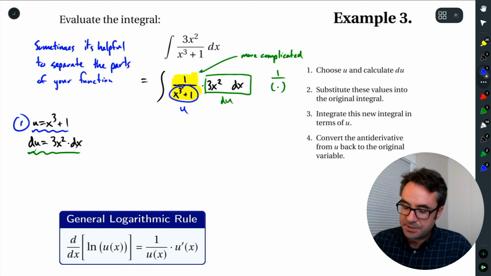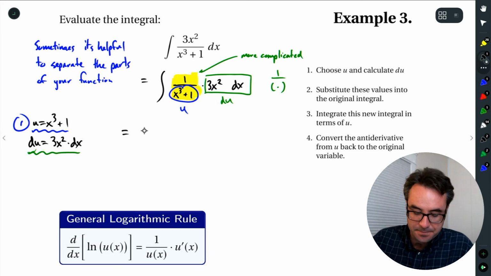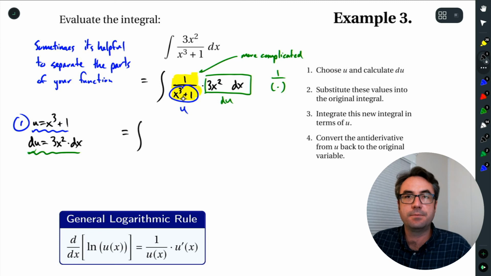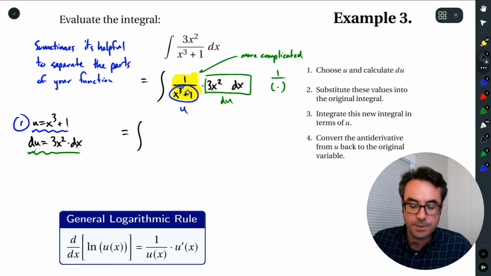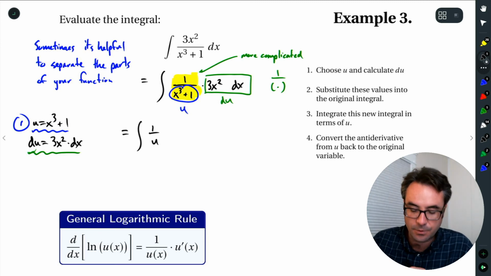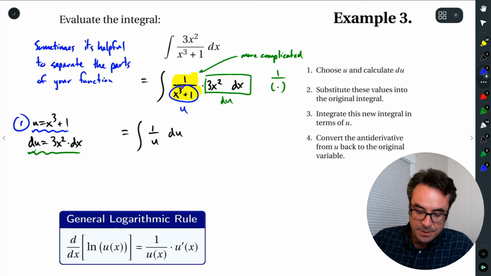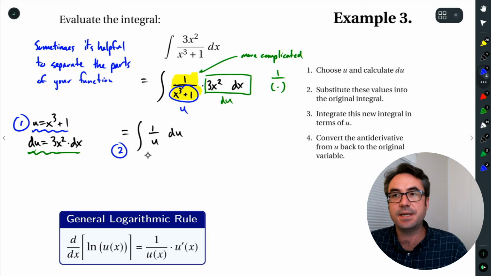So now that's step 2: put the pieces in. This fraction 1 over x cubed plus 1, we change that x cubed plus 1 to u, so it becomes the integral of 1 over u. And this 3x squared dx becomes du. We've substituted our pieces in, and now we have a much easier integral to do.